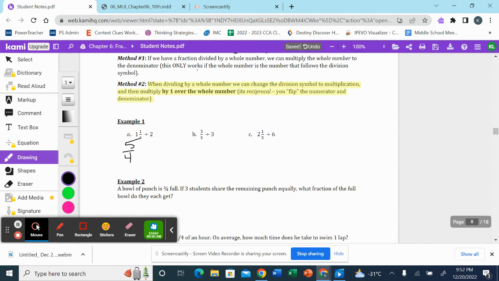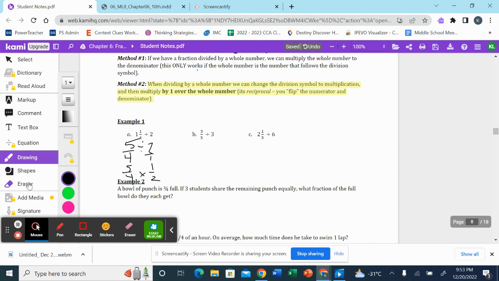Now we're going to divide it by 2. Dividing it by 2 is the same as going 5 over 4 times, so we have divided by 2 over 1, or you're timesing it by the opposite, 1 over 2.